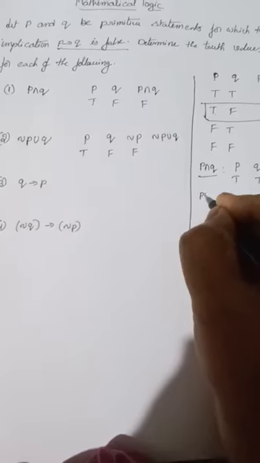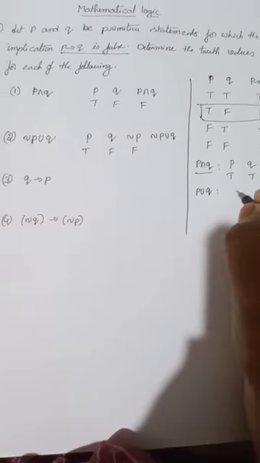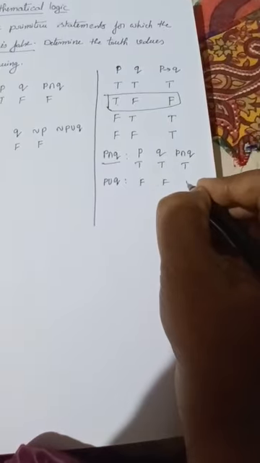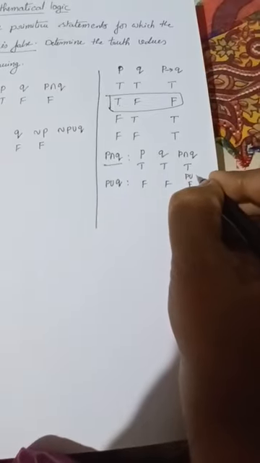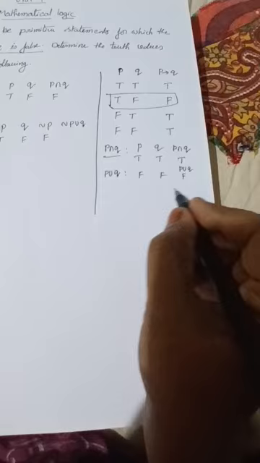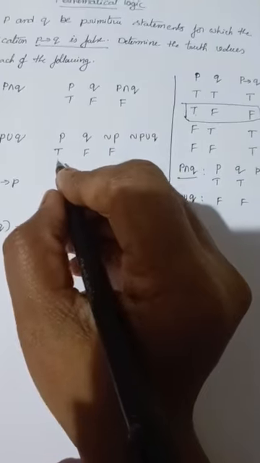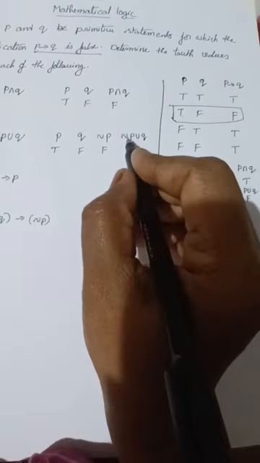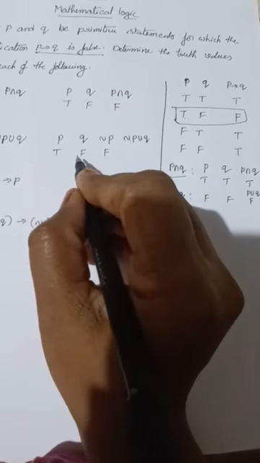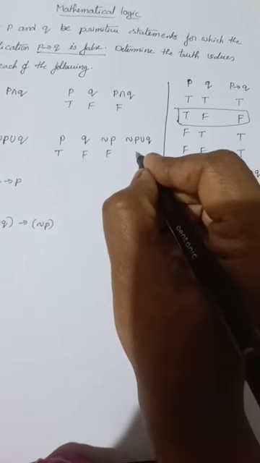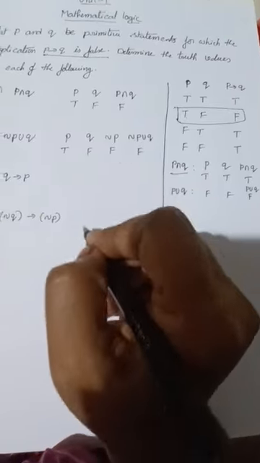See here, P union Q is nothing but if both are false, then the result is false. In other cases, it is true. Both are false, it is false. Otherwise, it is true. See here, what is the status of this? Negation P is false and Q also false. So, both are false only, na? So, the result is false. The second bit is over.